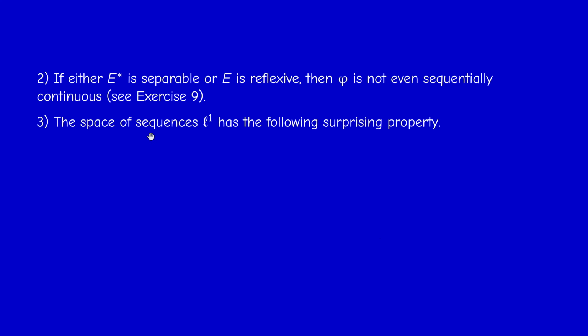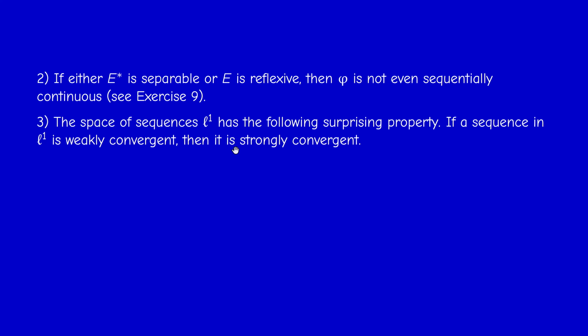Third remark, if you consider the space small l1 of summable sequences, it has a surprising property called the Schur property. In this particular space, a sequence is strongly convergent if and only if it is weakly convergent. So the two notions of convergence coincide, although the two topologies, the weak and strong, do not coincide.